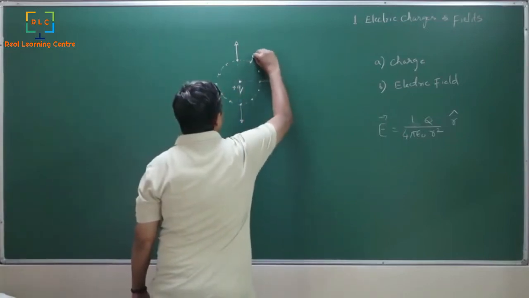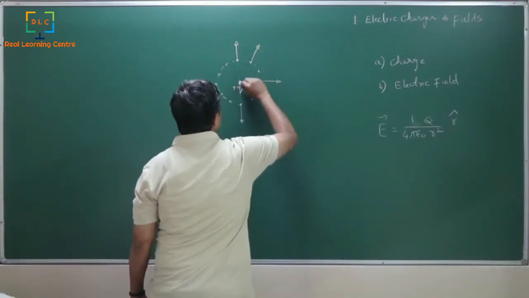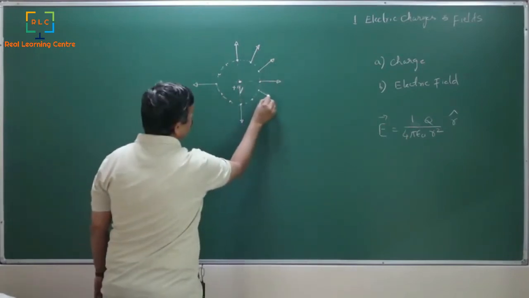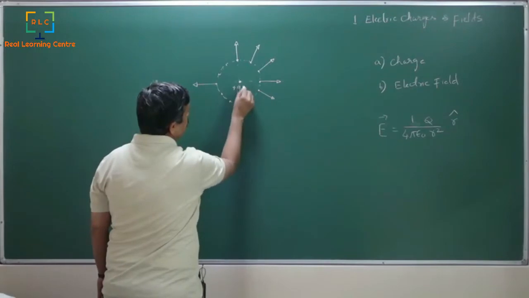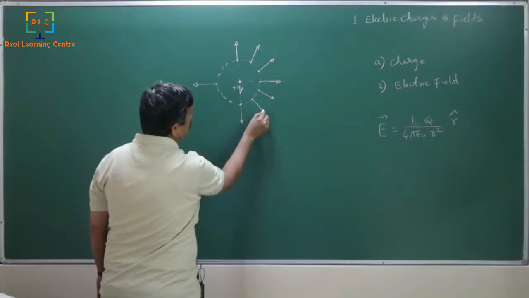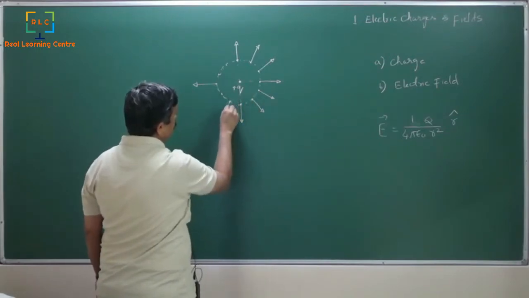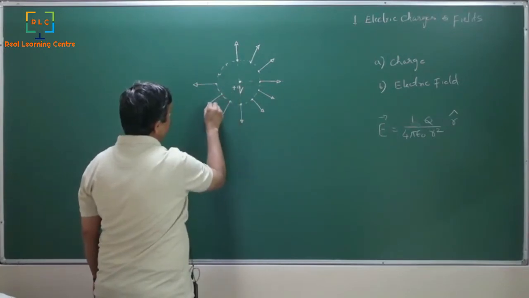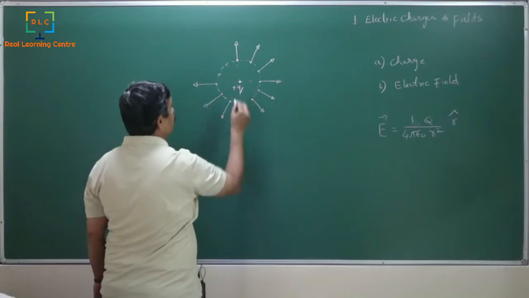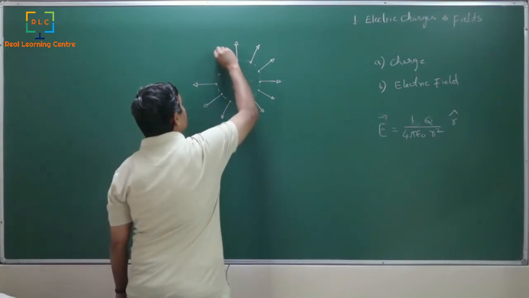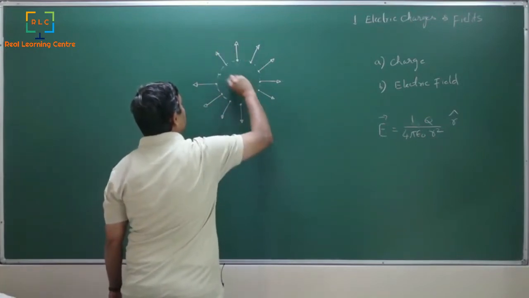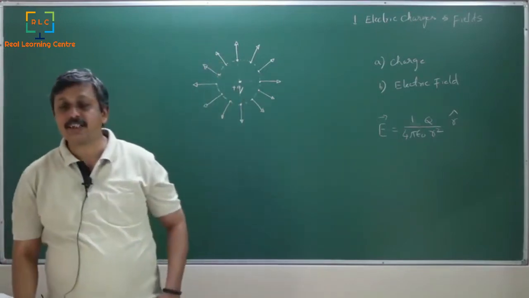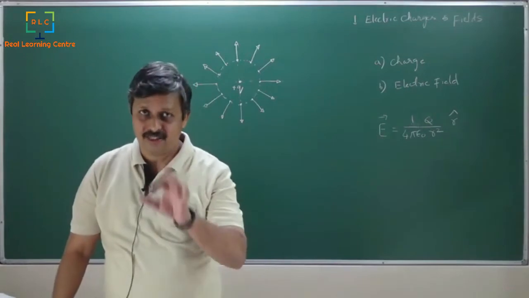So this is another vector of the same size, and this is the vector here. We can write vectors like this at any point. What is common about all these vectors is that they are all of the same size, but they all have different directions.